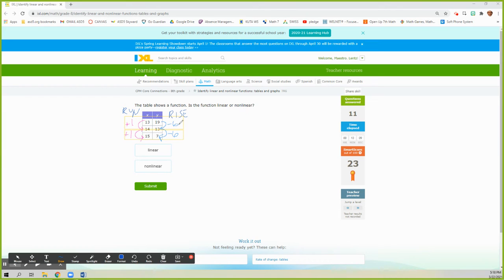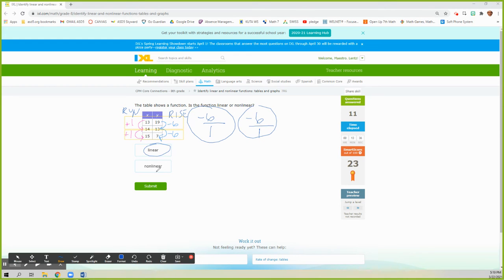So -6 is my top number for the first one, and then my bottom number would be 1. -6 is my top number for the second one, and 1 is my bottom number. Now, if they're the same, whoa, that looks like the Avengers. If they're the same, which they are, then it is linear. If these happen to have been different, then they're not linear.